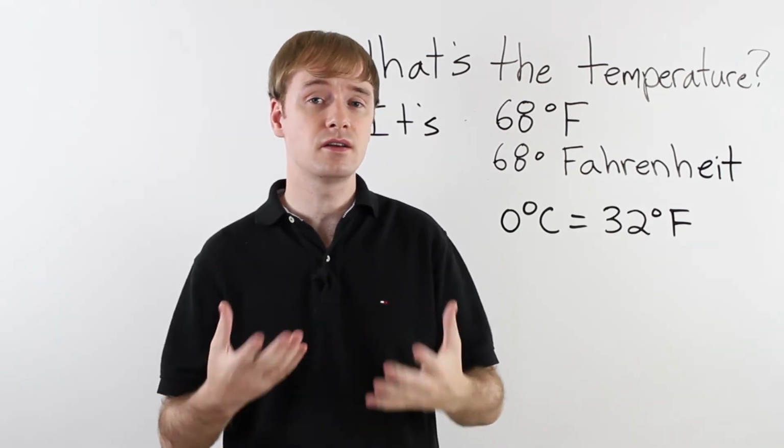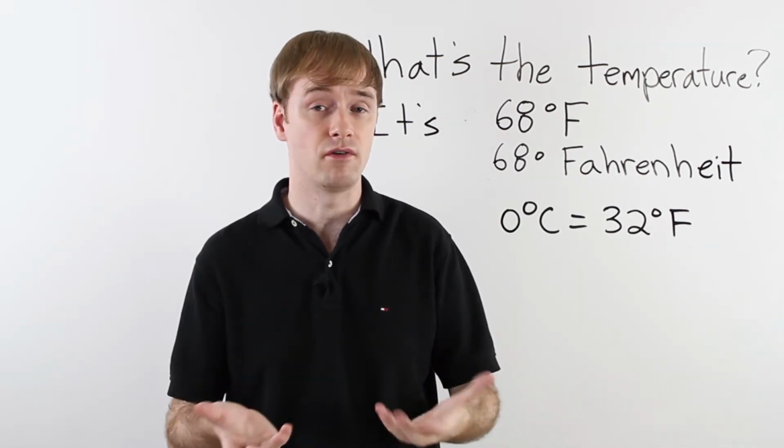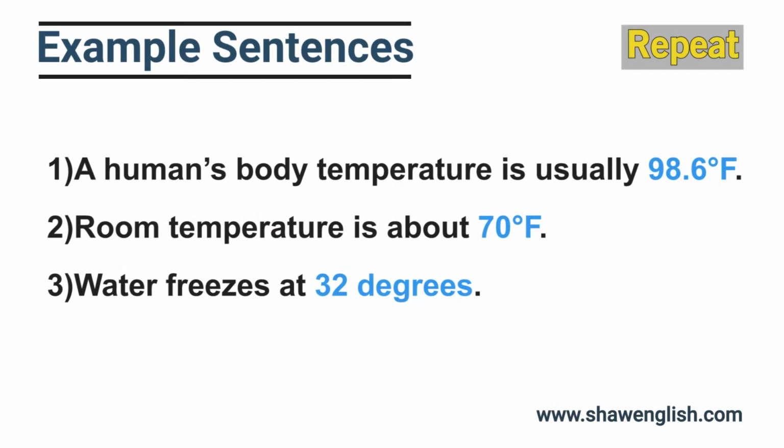All right, let's look at a few examples of Fahrenheit. The first example, a human's body temperature is usually 98.6 degrees Fahrenheit. The second example.